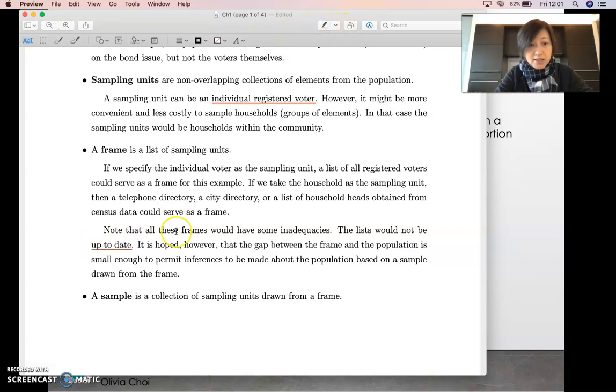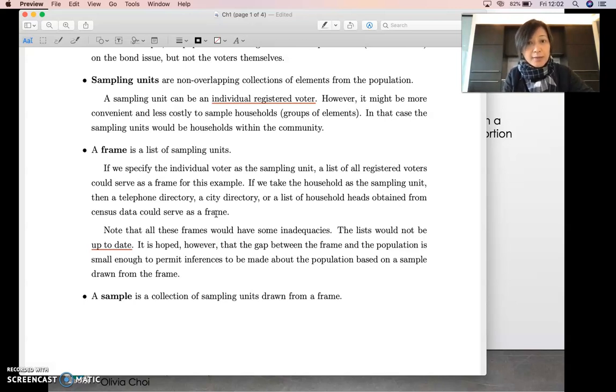Because nowadays if we just obtain the list from the telephone directory, that might not be so up to date, because some households don't even have a fixed line, so the name would not be shown on the telephone directory. What will happen if we don't have a comprehensive frame?